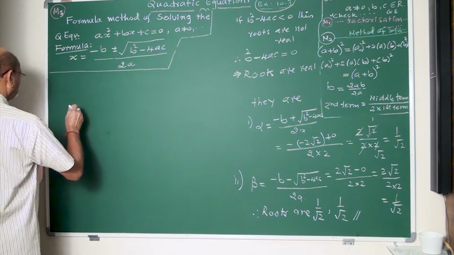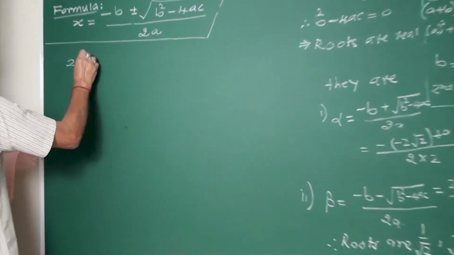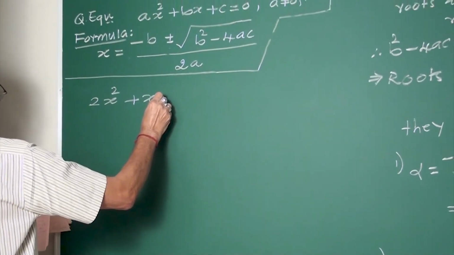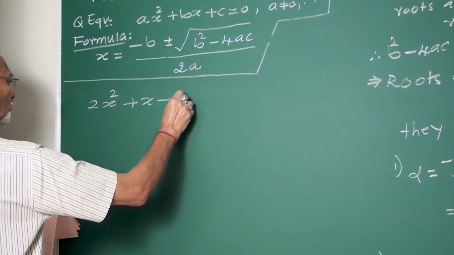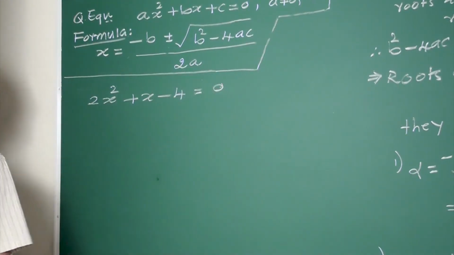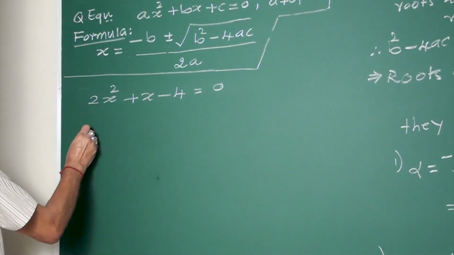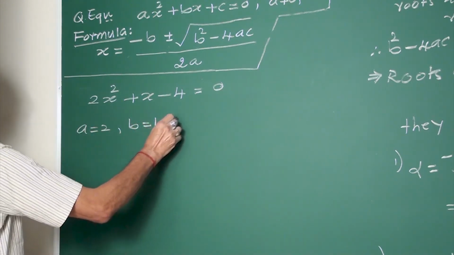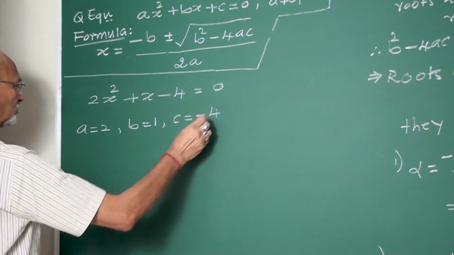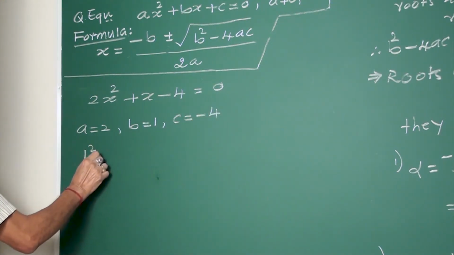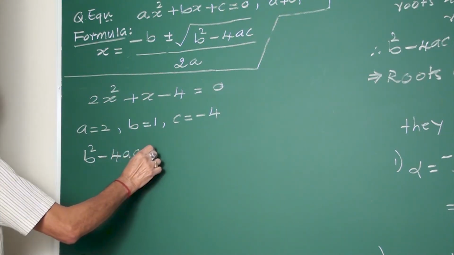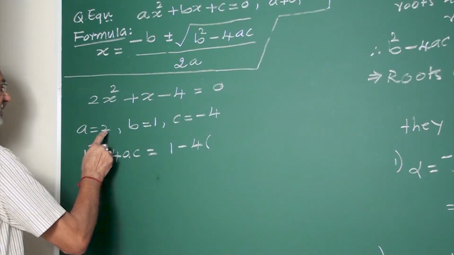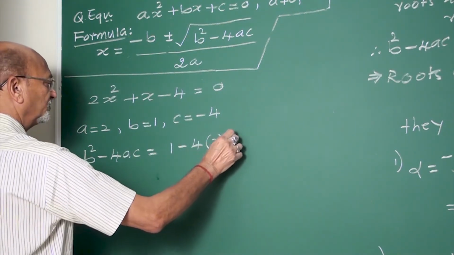It is 2x square plus x minus 4 equal to 0. Yes, friend. A is 2, B is 1, C is minus 4. So, find first B square minus 4AC. B square, 1 square, minus 4 into A is 2, C is minus 4.